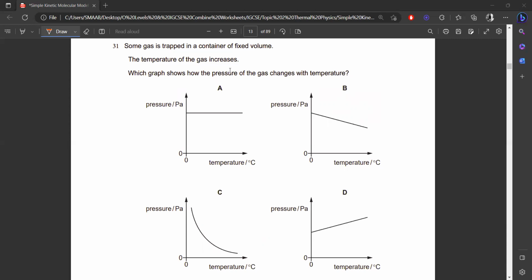Some gas is trapped in a container of fixed volume. So volume is fixed and temperature of the gas increases, so pressure increases. Option A is not possible because pressure is constant. Option B is not possible because pressure is decreasing. C is also not possible because pressure is decreasing with increasing temperature. D is possible because with increasing temperature, pressure increases, right?